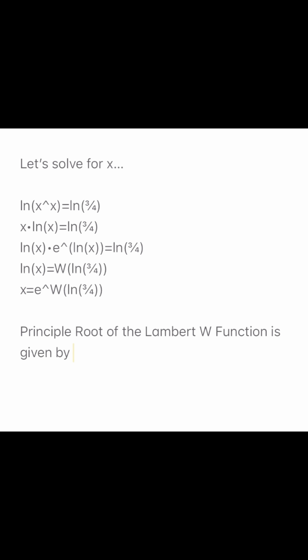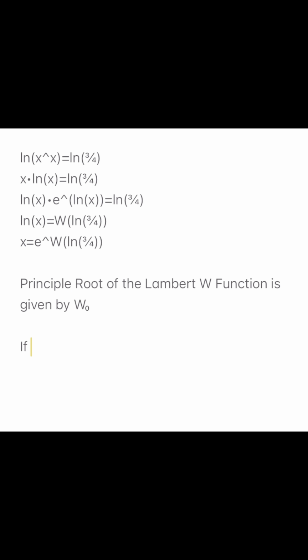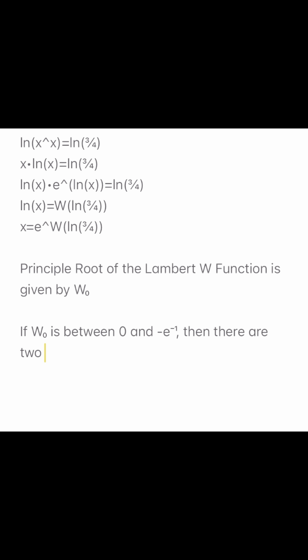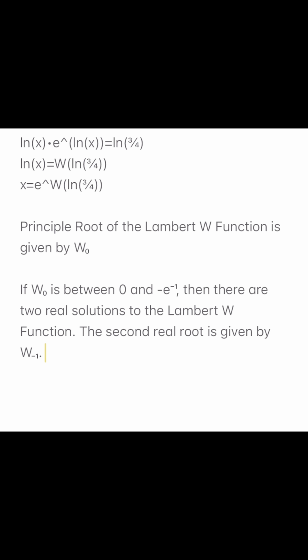Now, let's talk about the principal root of the Lambert W function. The principal root is given by W0. But if the input to the Lambert W function is between 0 and negative 1 over e, then there's actually two potential real roots.